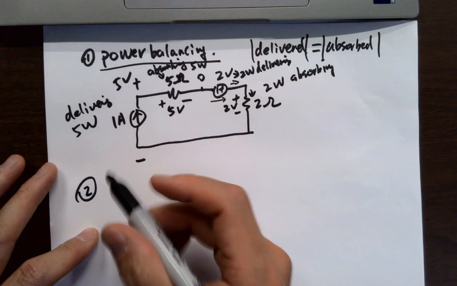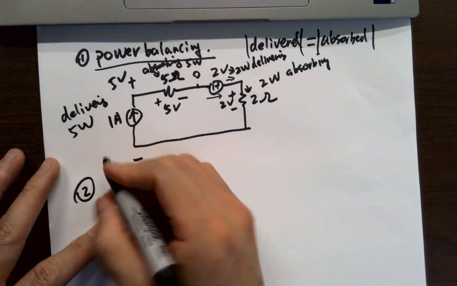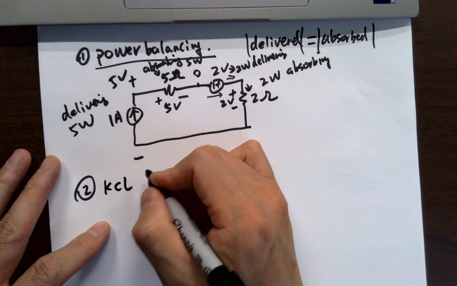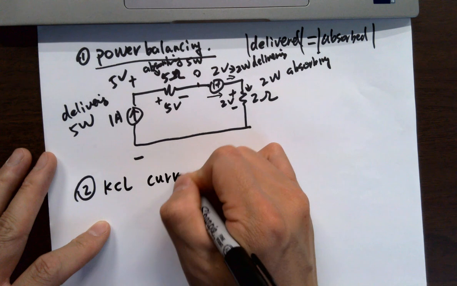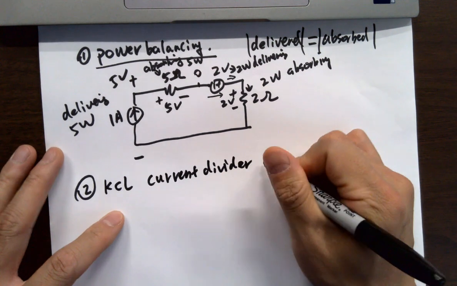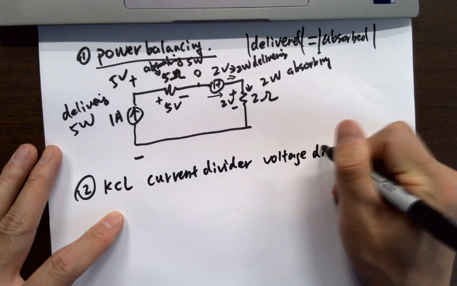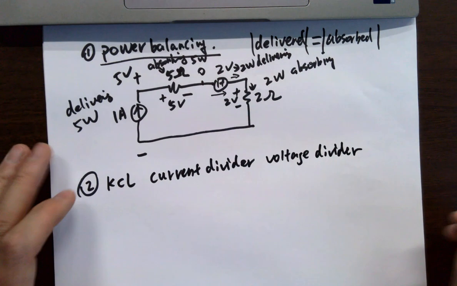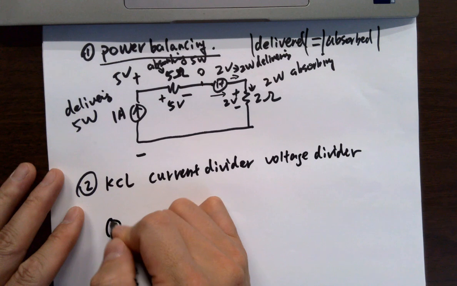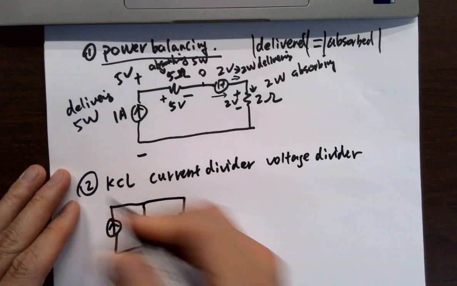Another fundamental problem from earlier in the semester is regarding KCL and current divider and voltage dividers. So how to derive the equation of the current divider? Very simple, right?